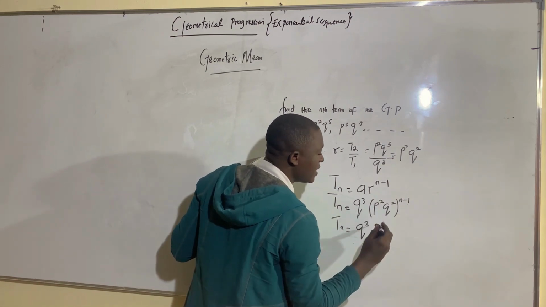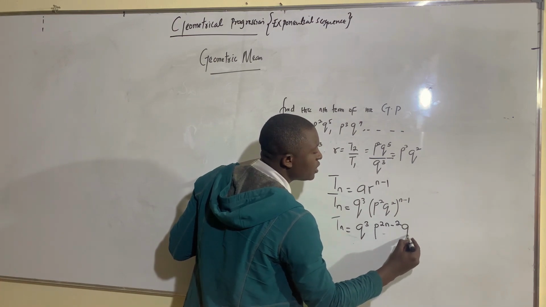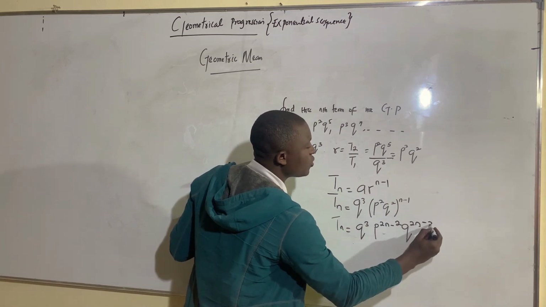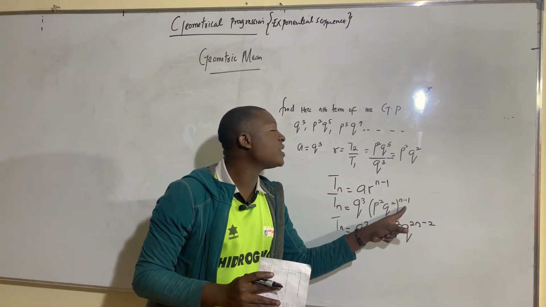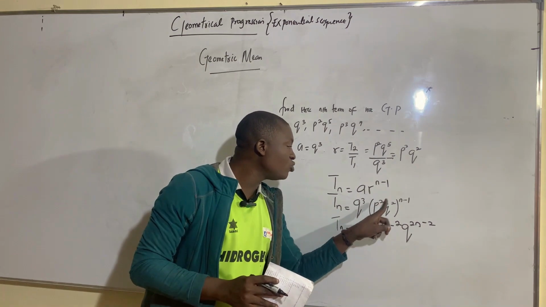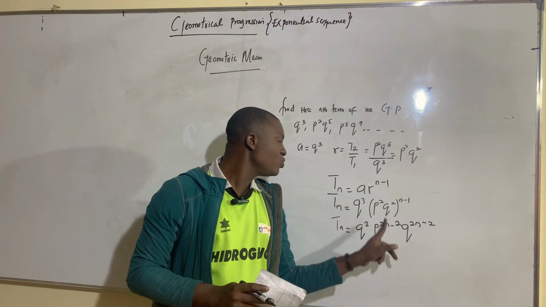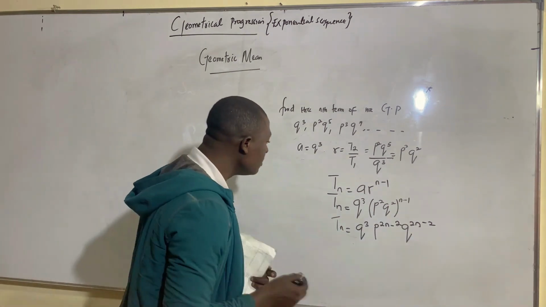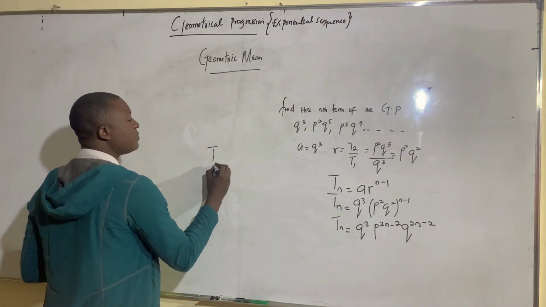So 2 times n, we have 2n. 2 times minus 1, we have minus 2. Q raised to the power of 2 times n, we have 2n. 2 times minus 1, we have minus 2. Just like the indices product law, what we have outside the bracket affects the exponent inside the bracket. So with this, we can see something is common. What do we have in common that has the same power, the same base?